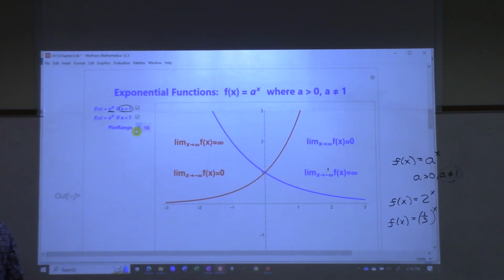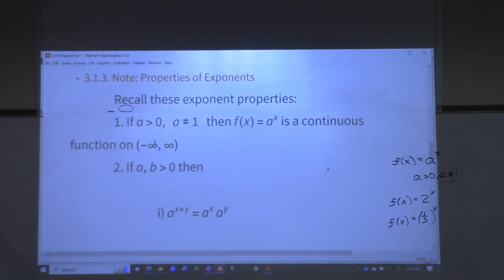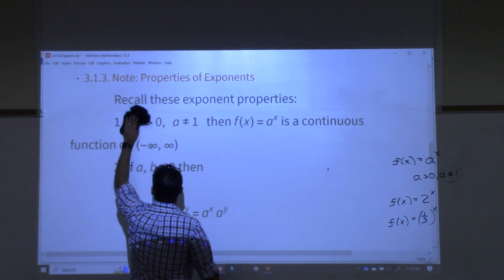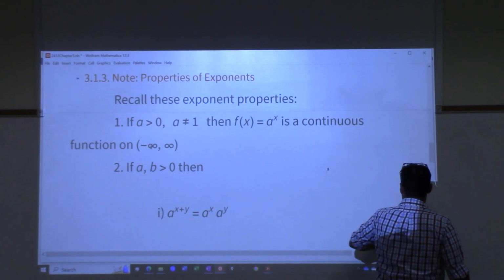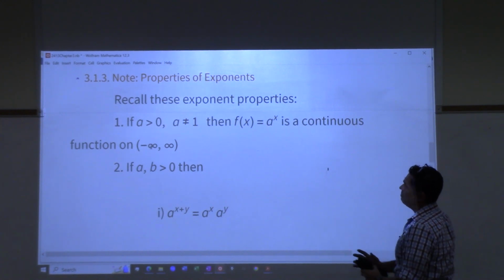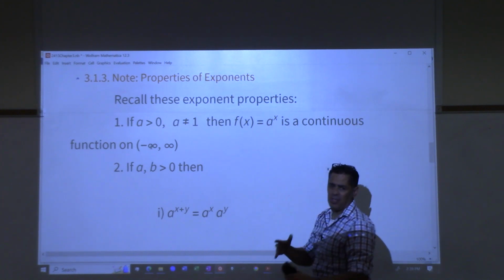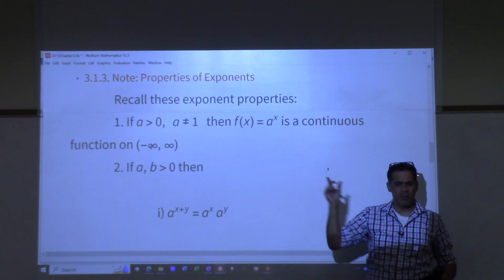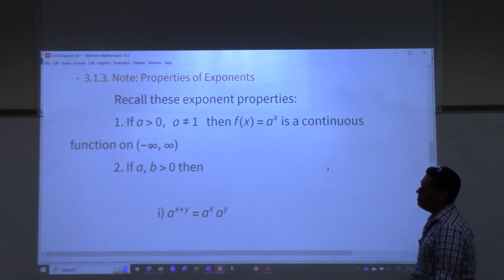All right, next thing. Properties of exponents, all right? One thing we need to know is that if you have an exponential function, a to the x, it's continuous everywhere. So when you draw, you don't ever have to pick up your pencil, right? You could tell from those two drawings, we'd never pick up our pencil. So they are continuous functions.